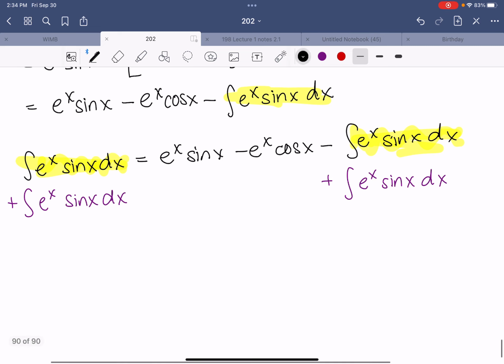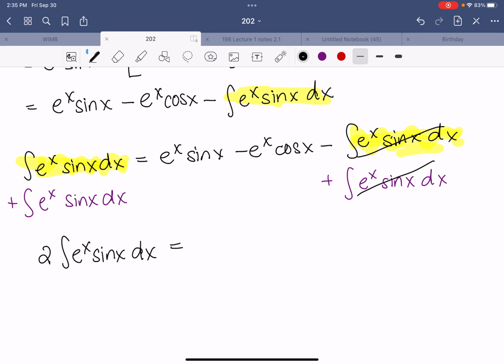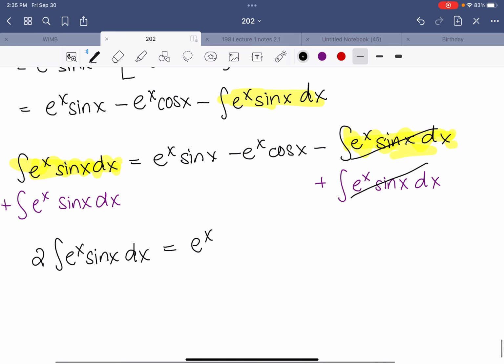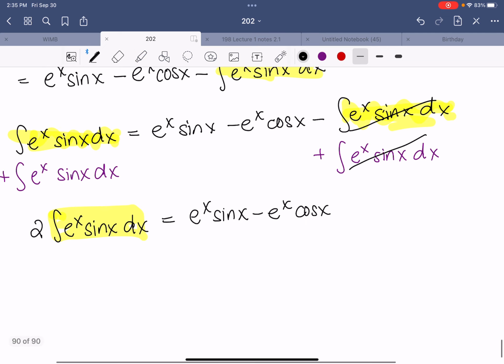When I do that, I have 2 times the integral of e to the x sine x dx is equal to, these two cancel, and I'm left with just e to the x sine x minus e to the x cosine x. What I'm trying to find is this integral right here, so in order to get that by itself, I just have to divide by 2.